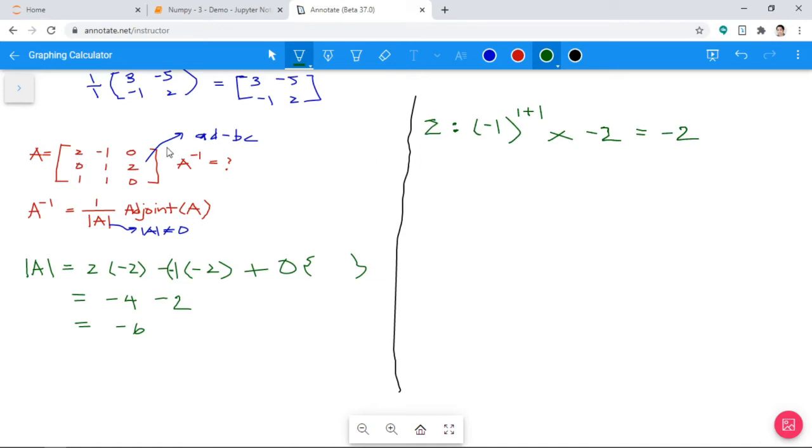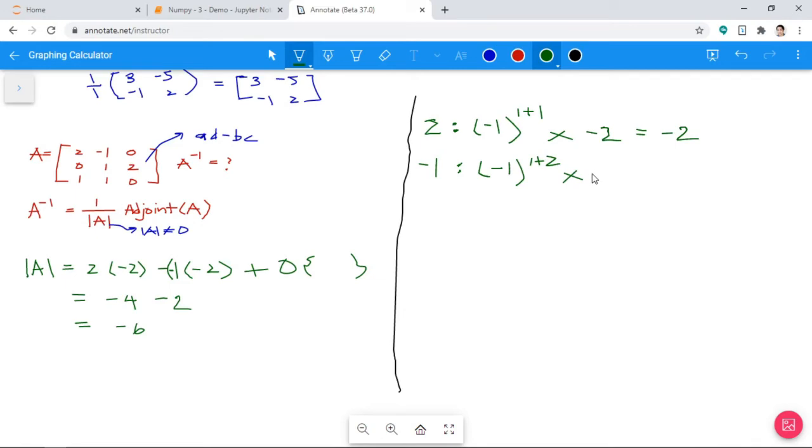Next one we have -1. The same: -1, we have 1 plus 2, times, so we have -1 here. 0 times 0, then minus 2 times 1.